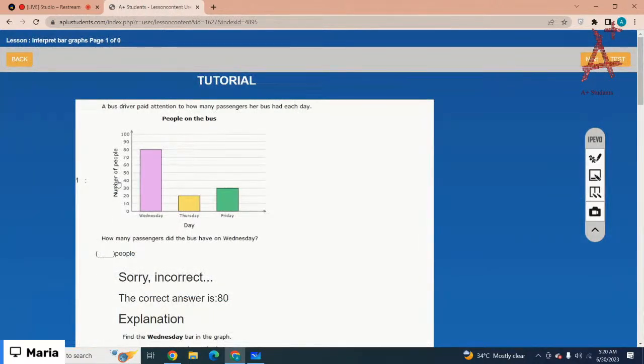Okay, a bus driver paid attention to how many passengers her bus had each day. How many passengers did the bus have on Wednesday?